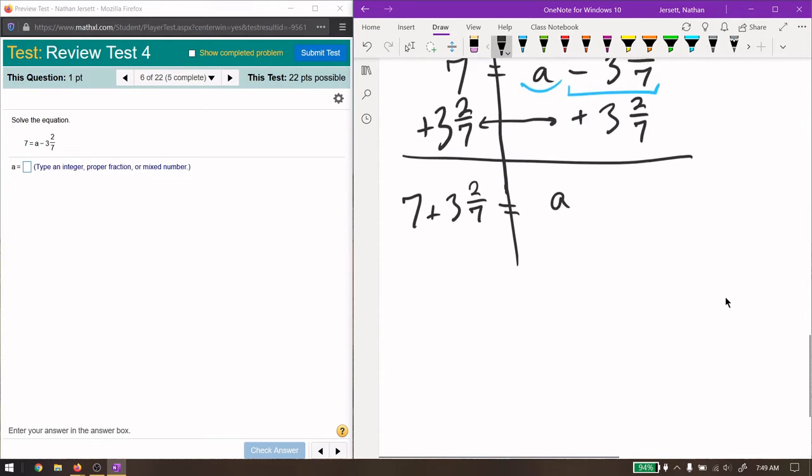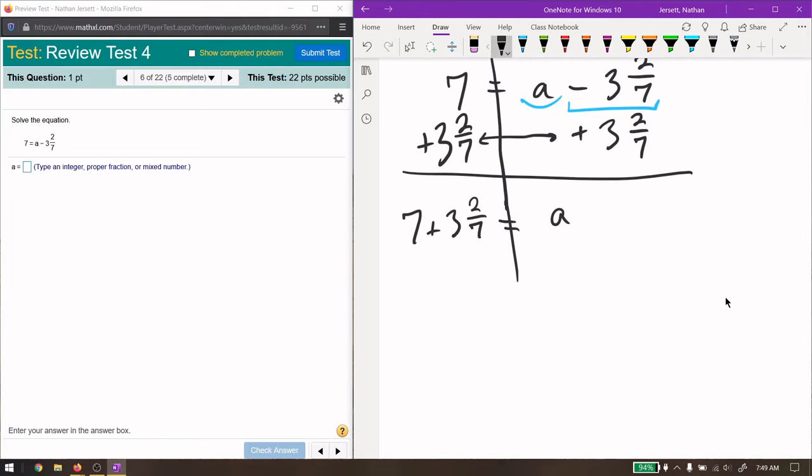Okay, now when you're adding mixed numbers, it's quite simple to do. Really, this is the same thing as saying 7 plus 3 plus 2/7 equals a, and then you can see, well, 7 plus 3 is just 10, and then it's 10 and 2/7 equals a.